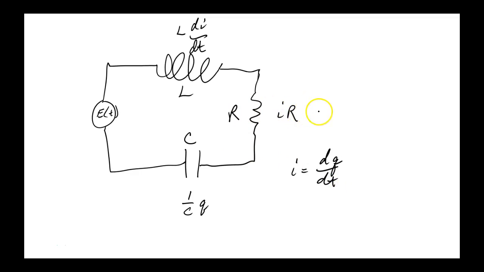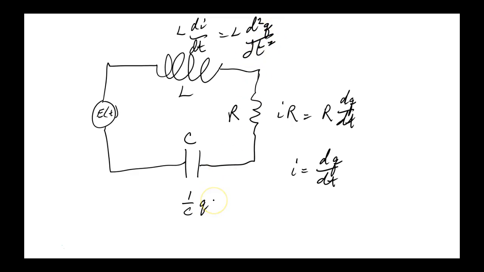So this will be R times dQ dt. Well, this will then be L times d2Q dt squared. Okay?